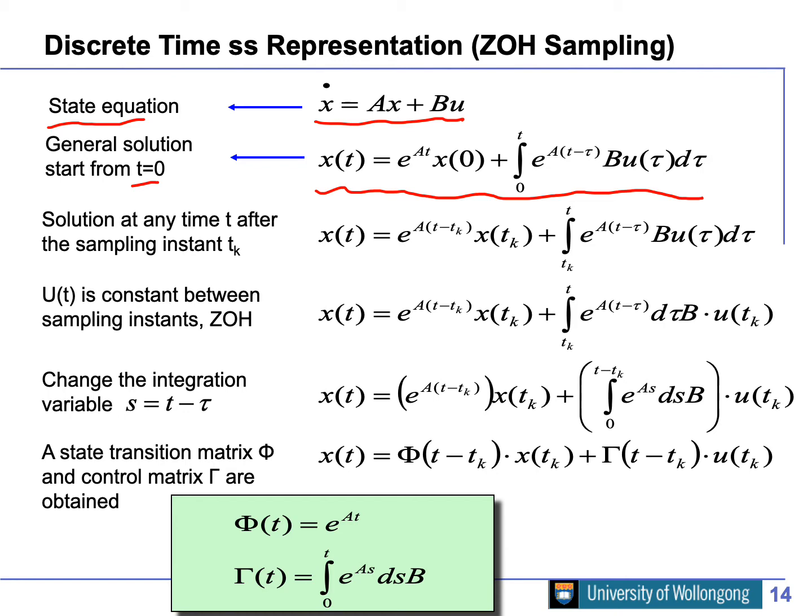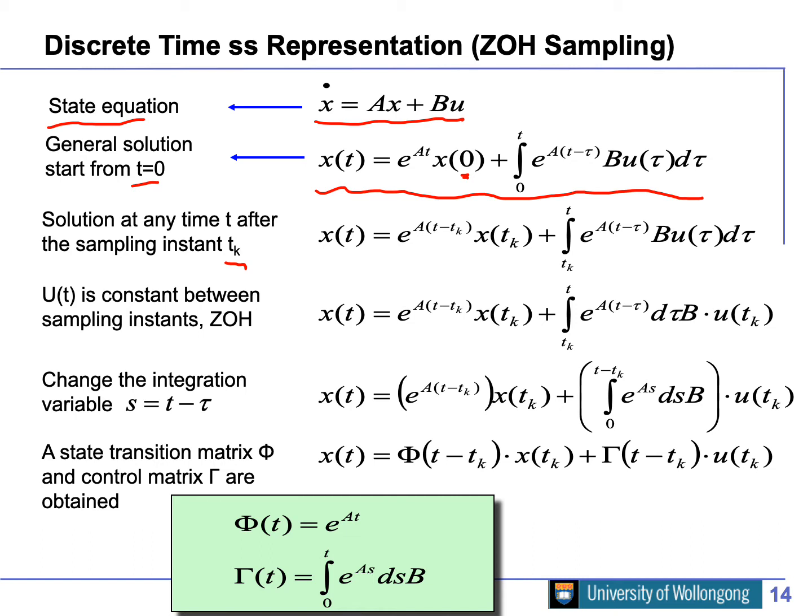And we're not just interested in a particular time at 0. Our initial time can be somewhere at the sampling time. So we're thinking about this system undergoing some sampling, and at every sampling time the system is going to update some value.